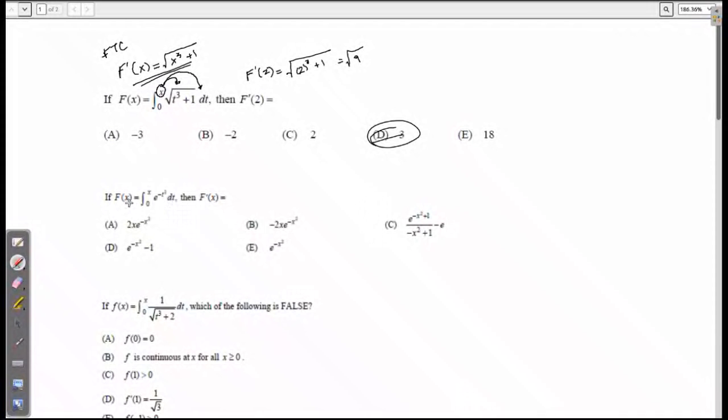This is f. I want to find big F prime. Well, big F prime is what I get when I substitute x in for t and substitute the differential dx into this dt. So I should end up with e to the negative x squared times 1.